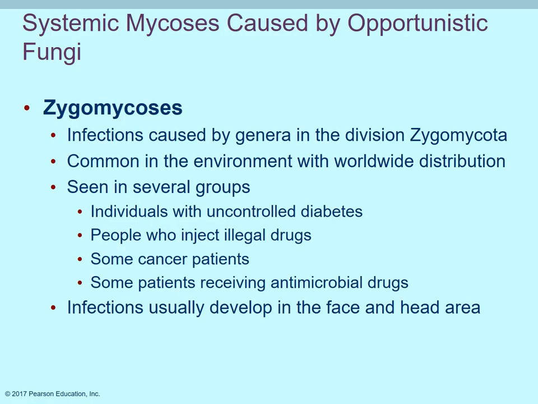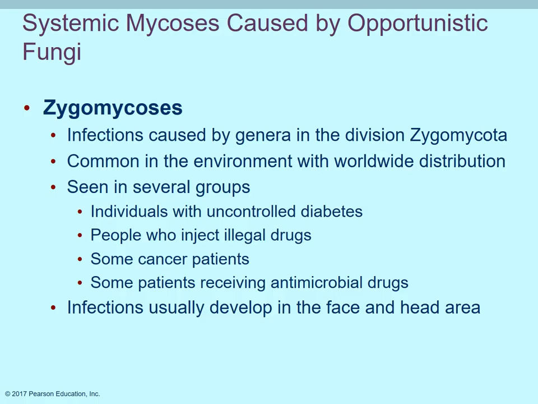There are some genera in the Zygomycoses division that can cause infections. Typically, you see this in individuals who have some other type of lifestyle or health issues, such as a diabetic who is not controlling their diabetes, people who may be using illegal drugs, cancer patients, or patients who are receiving other antimicrobial drugs, and so it has offset that normal balance of the microbiota.